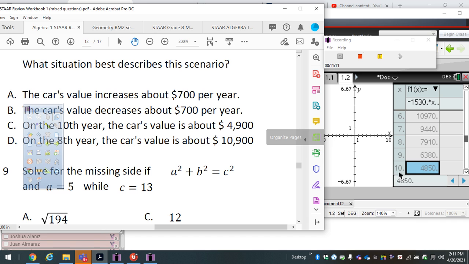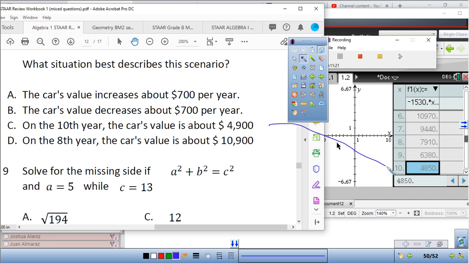So year 8. Okay, year 10 is about 4,900. Okay, not too bad. Really close. Look at that. Not too bad. Let's see this one. Year 8 is about 10,900. Year 8. Okay, so that was too high. So we're going to say C is the correct answer. All right, not too bad.